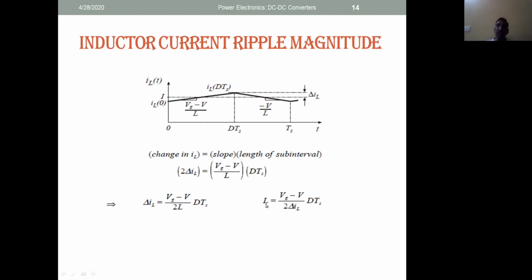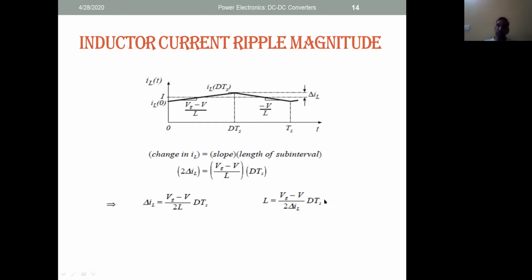It necessitates that the value of L has to be equal to Vg minus V, meaning the minimum voltage required at output, maximum source voltage, divided by the change allowed in the inductor current, multiplied by duty cycle into Ts. You know, the frequency is in kilohertz, D is in fraction.